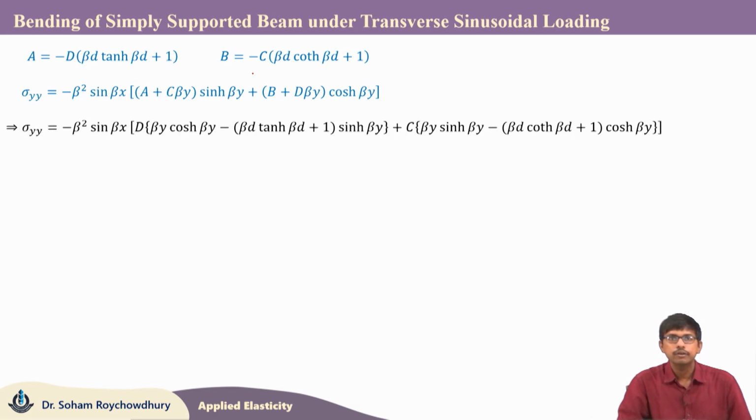Now, we are replacing those a and b in the expression of sigma y. So, sigma y stress is now written as a function of c and d only, 2 unknown constants at this stage.